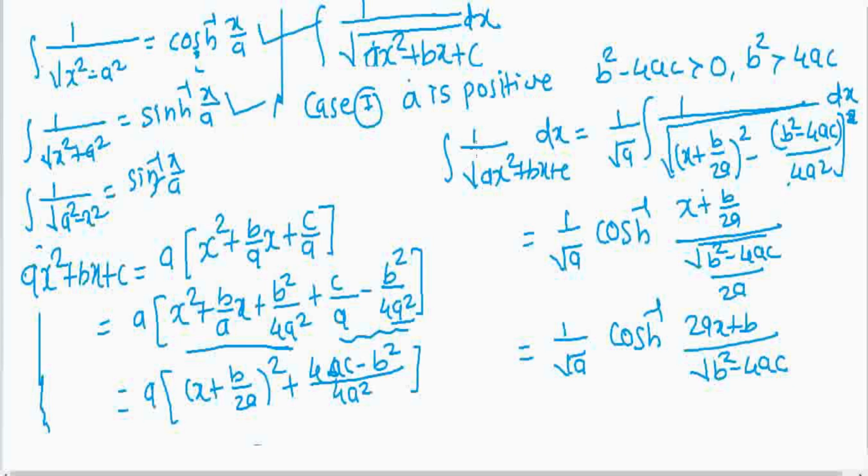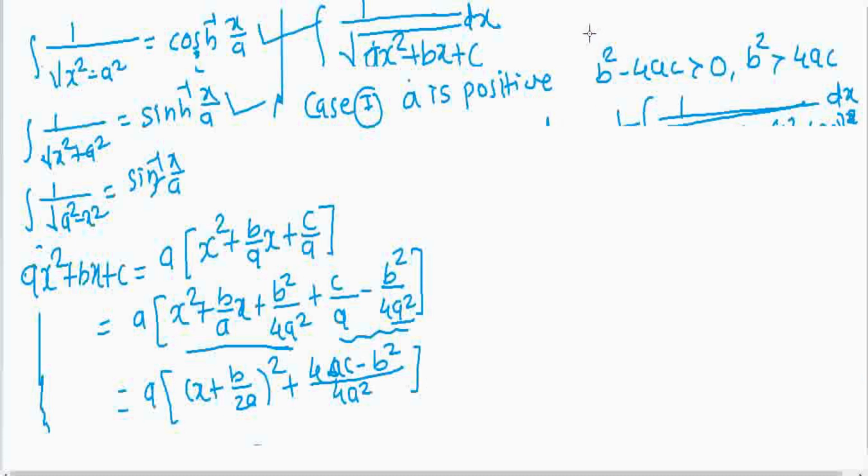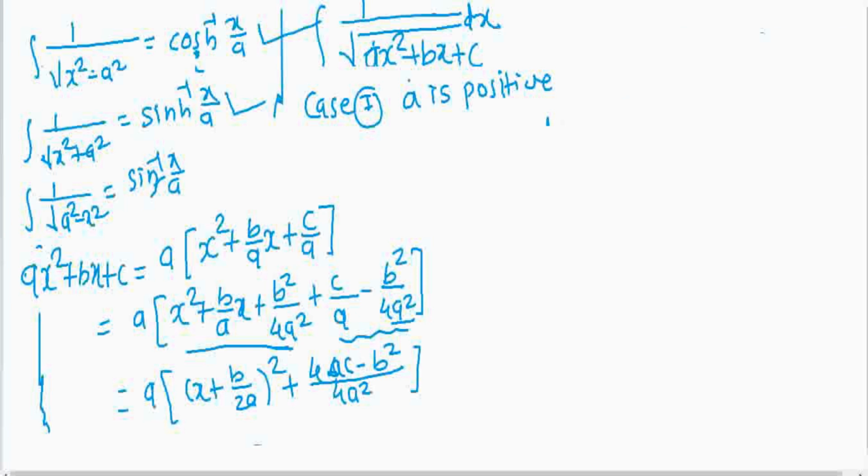Consider that case. We put the second part, the expansion, as it is, and here a is positive and b square minus 4ac is less than 0. That means b square is less than 4ac.